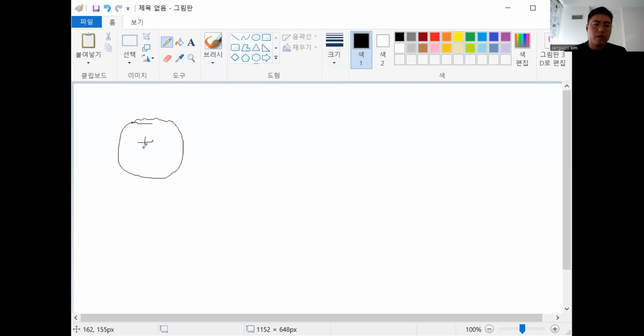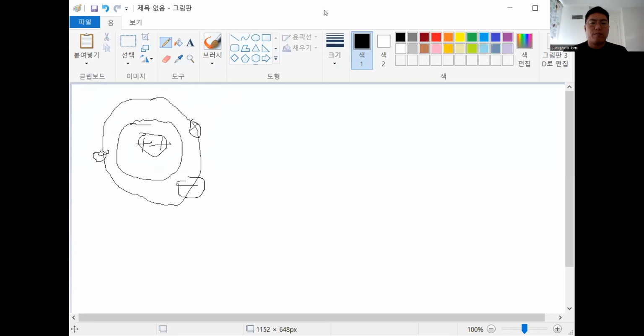Here's an atom, right? This is a nucleus, and there are electrons, right? So now it doesn't have any meaning. But for example, the sun affects here, and the electrons move and are affected.